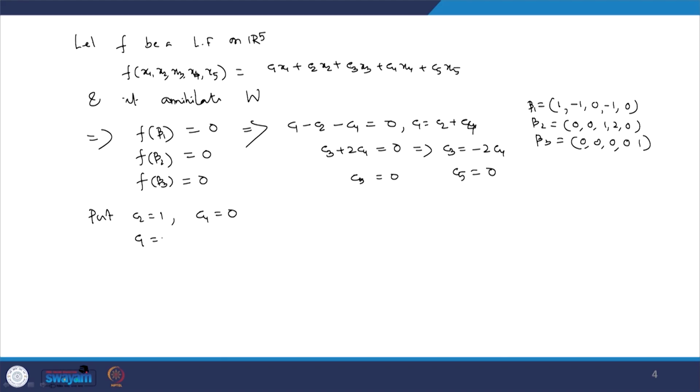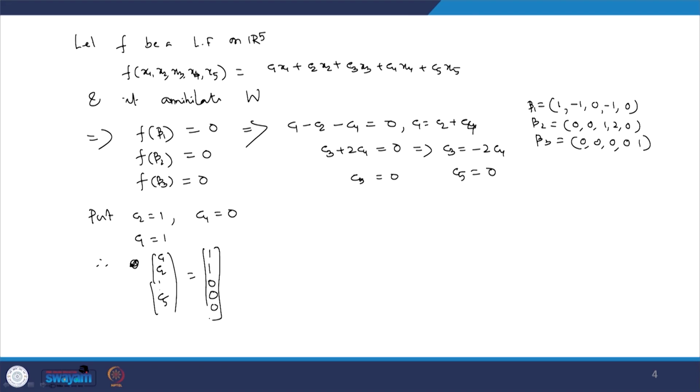C2 is equal to 1, so C1 is also equal to 1, and C3 equal to 0. So I will have one set: C1 equal to 1, C2 equal to 1, C3 equal to 0, C4 equal to 0, and C5 is already 0.